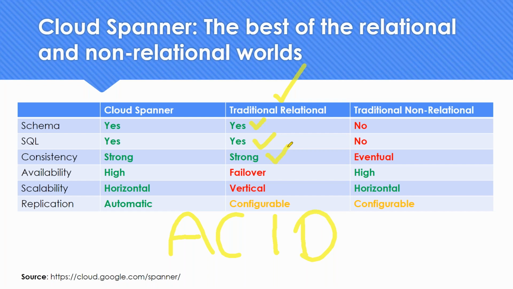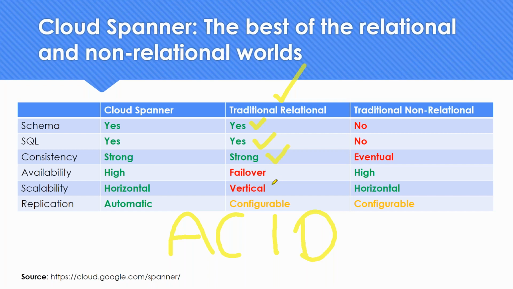Now what are the bad qualities, or where don't they really shine? It is availability. They don't have a high availability capability. What they can do is basically failover, which we saw yesterday. That is the max they can have. They can just provide a failover option.